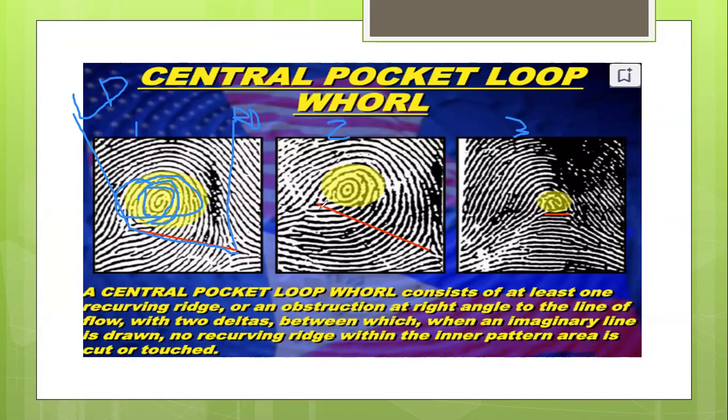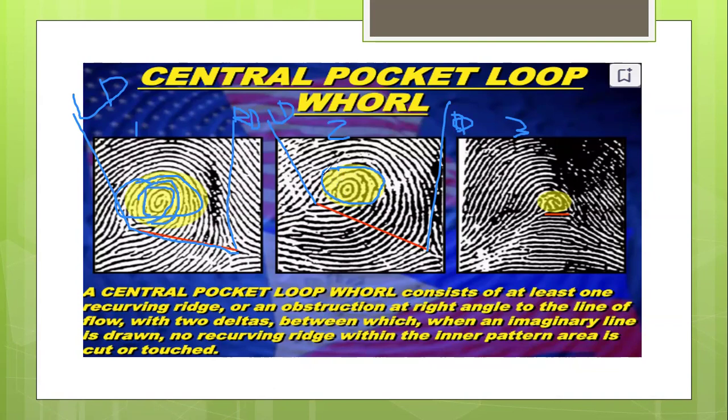Another example. Okay? Location of the delta first. This is the left delta, and this is the right delta. Looking at this pattern area, there is really a circuiting ridge, but when you look at it, it generally looks like a loop.